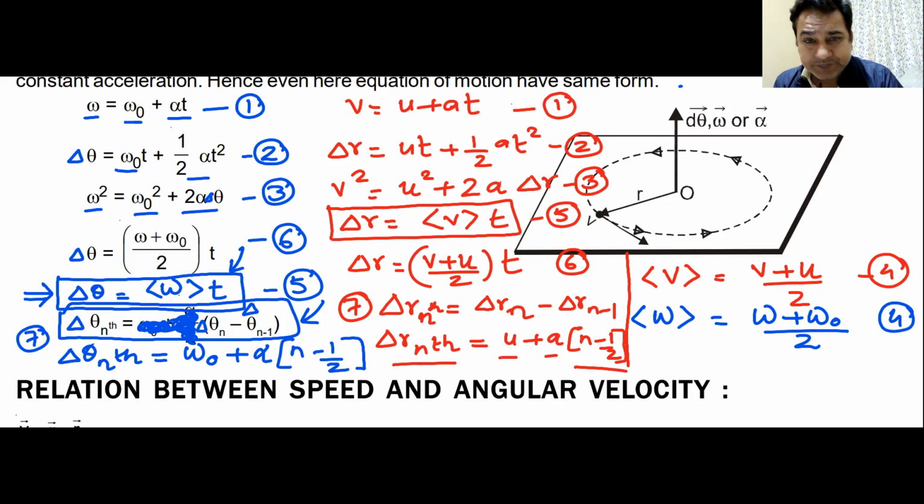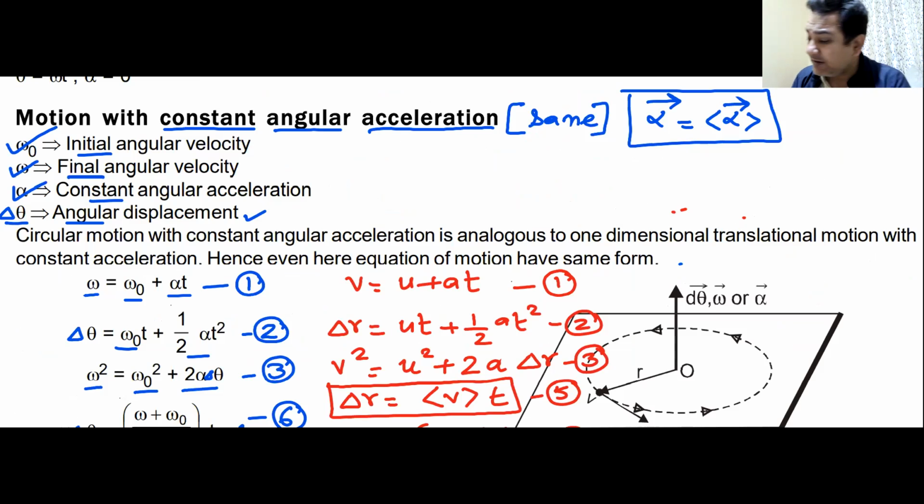How do I incorporate directions in this? To incorporate direction, in the red zone, when I say red zone, I mean the equation of motion here.